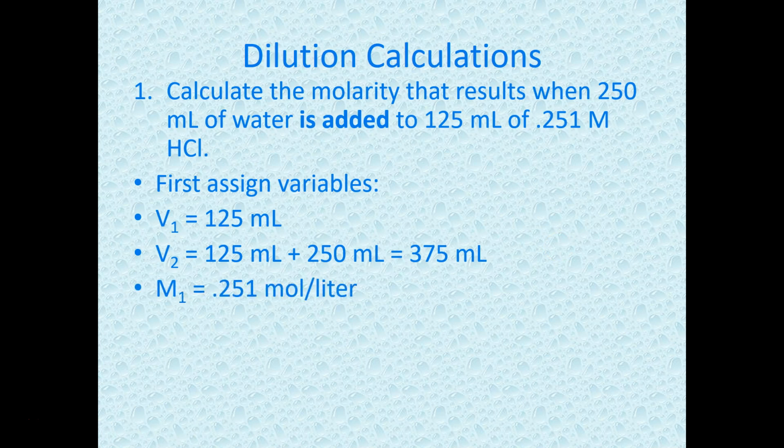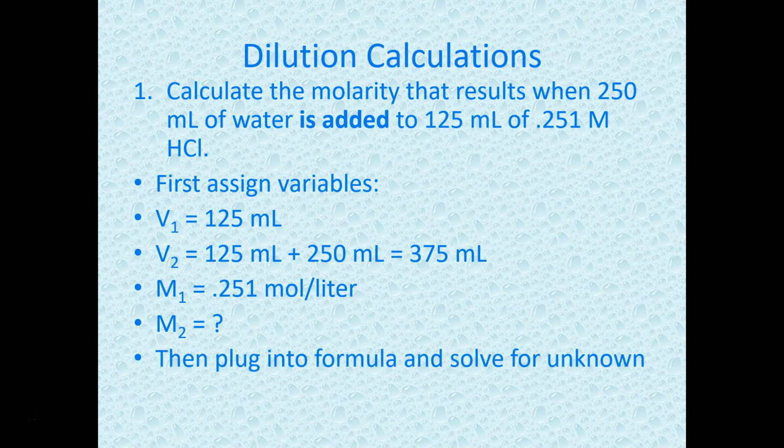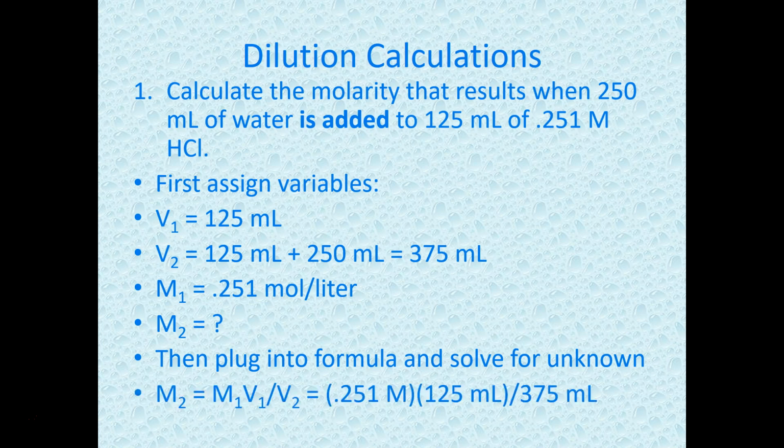Our M1 is our 0.25 molarity, right there from our problem, which means our M2 is what we are solving for. So we're going to plug into our formula and solve for the unknown, which means that our formula is going to be M2 equals M1V1 divided by V2.